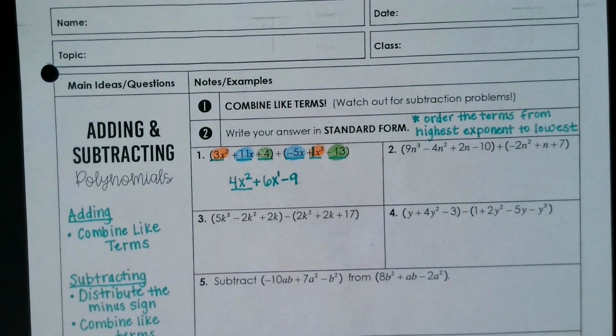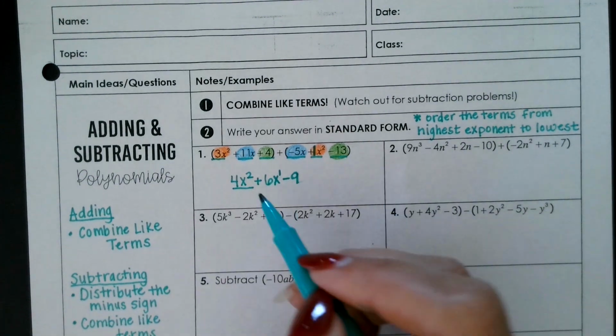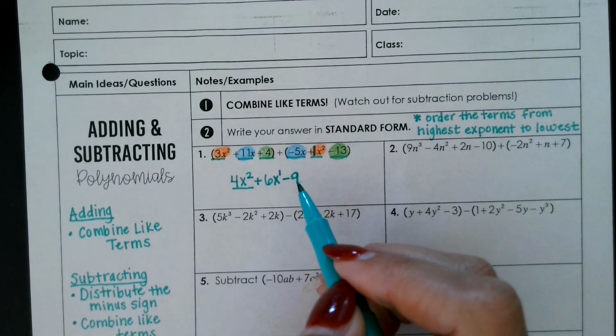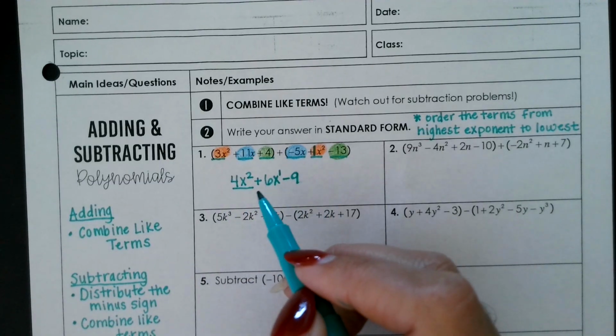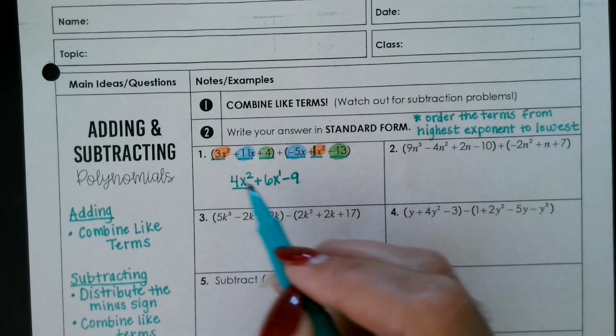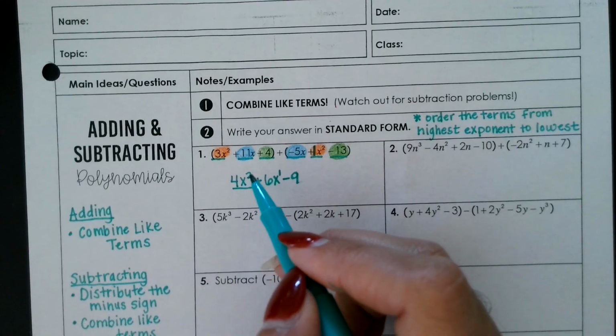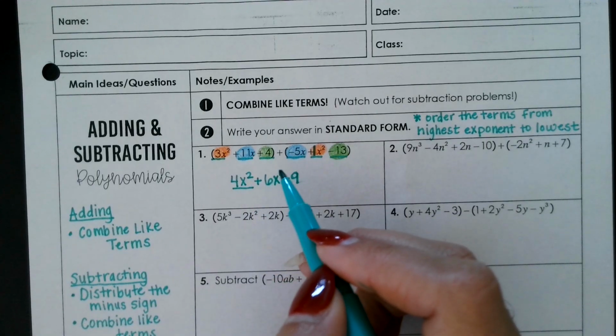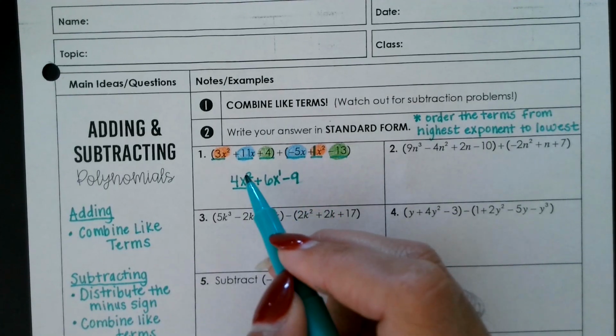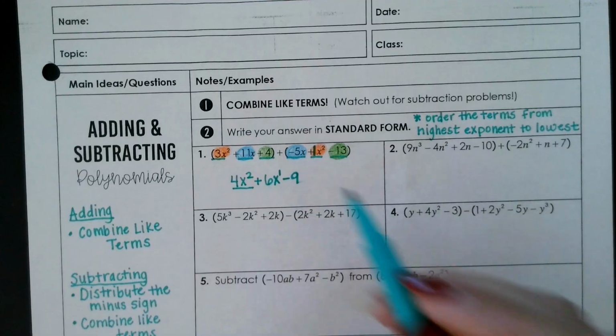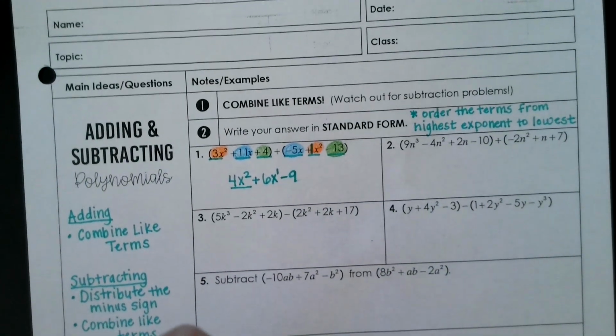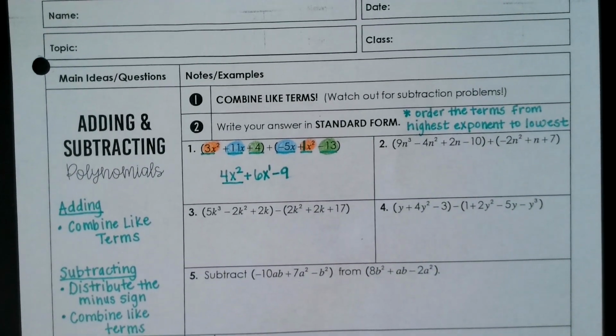Not the numbers in front. One mistake people make is they say, well, 9 is bigger than 6, or 6 is bigger than 4, so I should put the 6 in front. It's by the exponent, the little superscript on top of the x. From the highest exponent to the lowest.